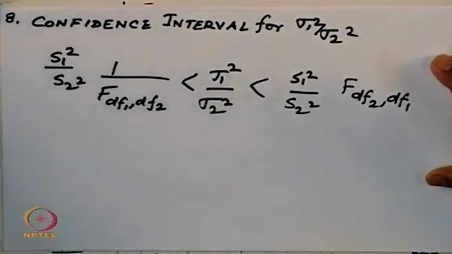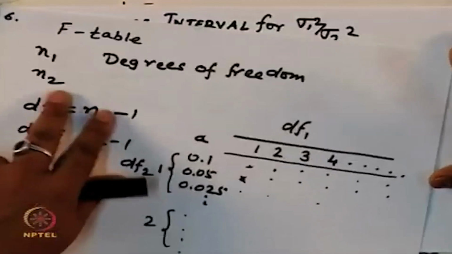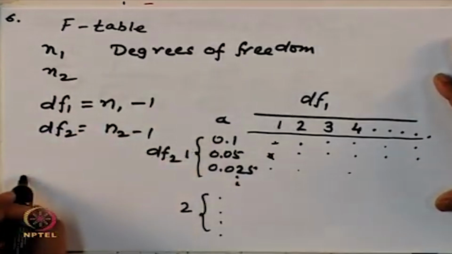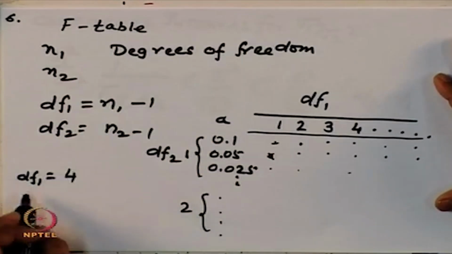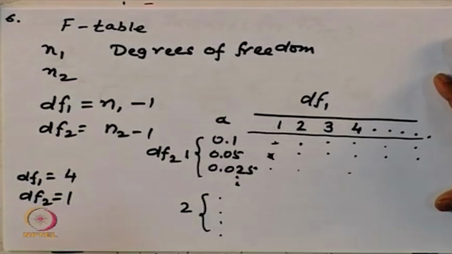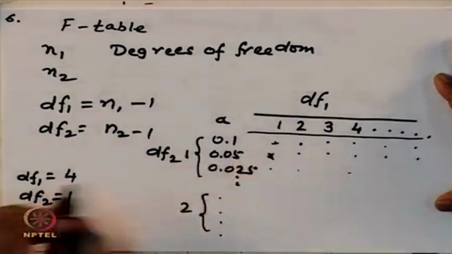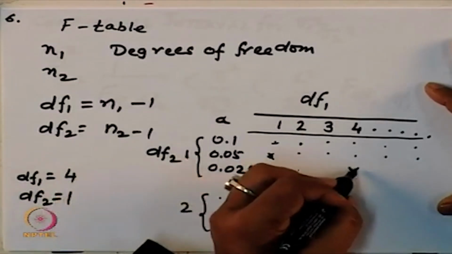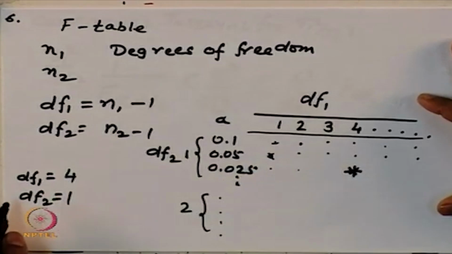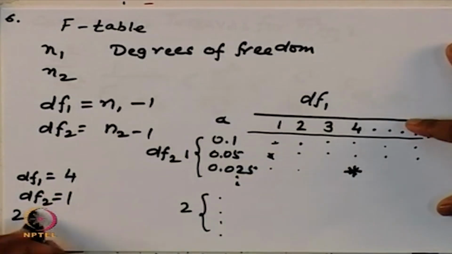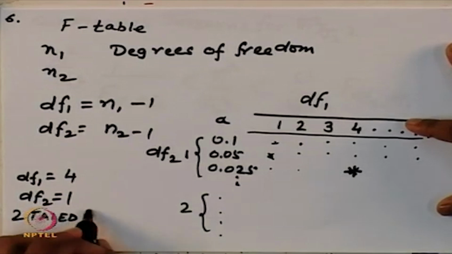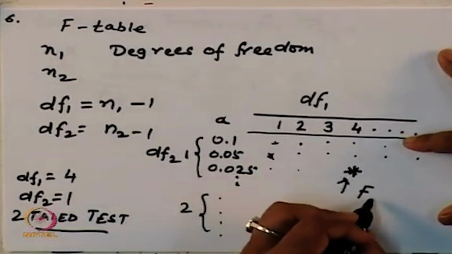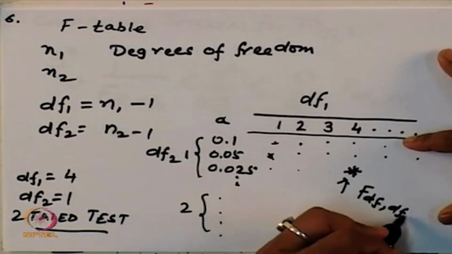If we go back to the table, let us say my df1 was equal to 4 and df2 equal to 1. So, 4, 1 with a significance level of 0.05, and if I am doing a two tail test, this is the value I would be looking for. For a two tail test, this is my f of df1 comma df2.